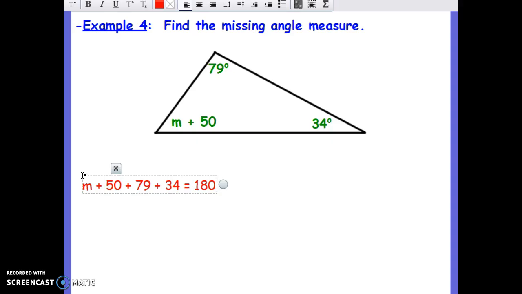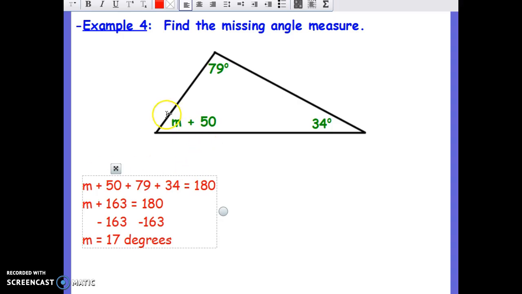Now if we add up, combining our like terms, 50 plus 79 plus 34, we get M plus 163 degrees is equal to 180 degrees. Now again, we just subtract 163 from both sides and we get that M is equal to 17 degrees.